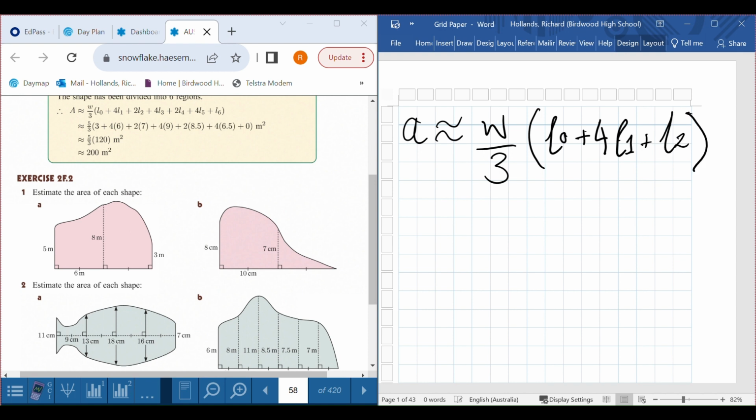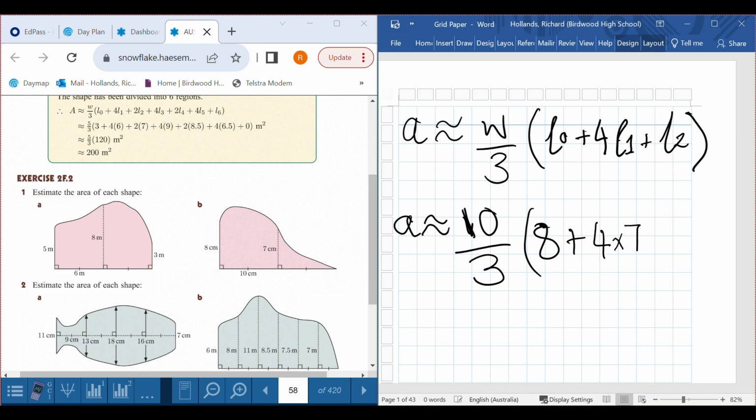All right, so for this shape here, we've got area approximately equals width is 10, so we go 10 over 3. All right, then in brackets, our first length is 8 centimeters, so we go 8, all right, plus 4 times by 7, plus.